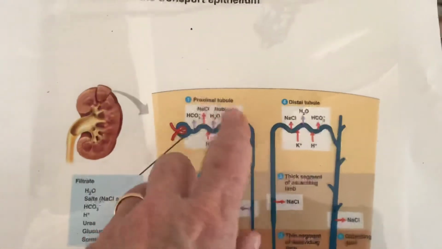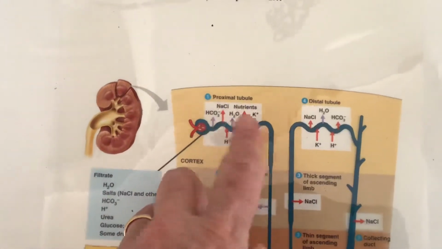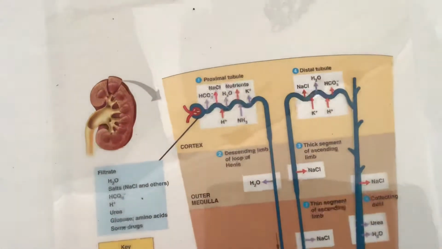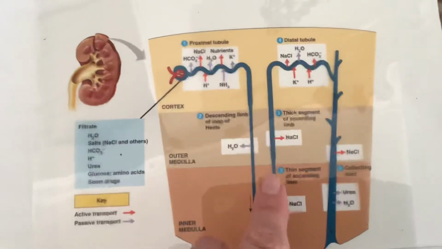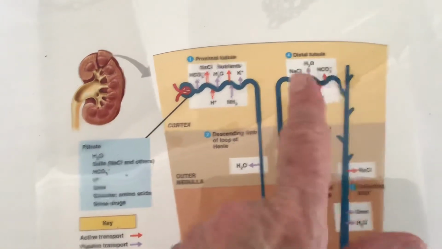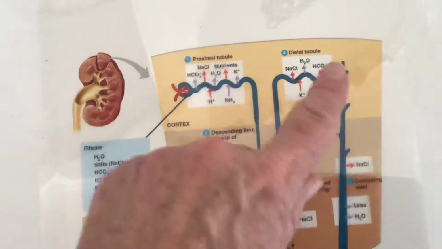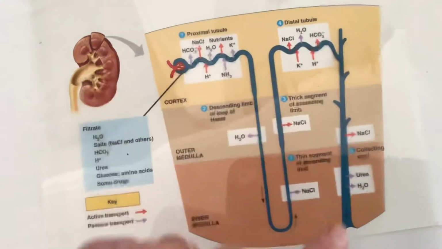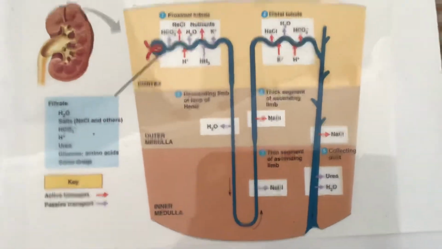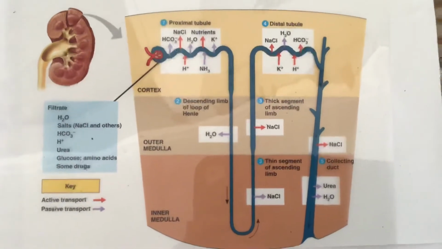This is the proximal tubule, that means close to the entry. Then this is the descending loop of Henle. It goes back up the ascending loop of Henle. The distal tubule, which is the one furthest away, and then there's going to be the collection duct, which is over here.